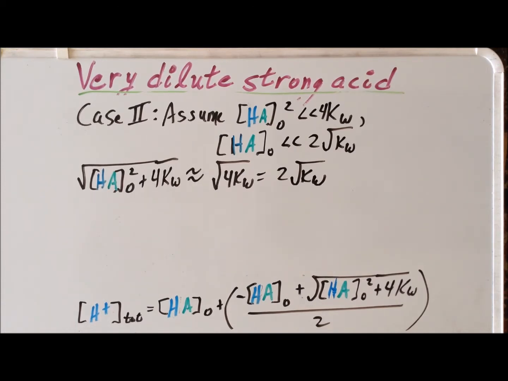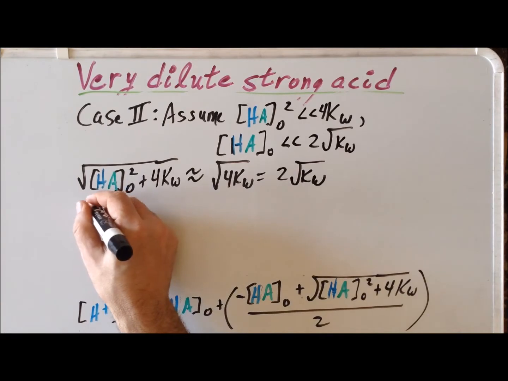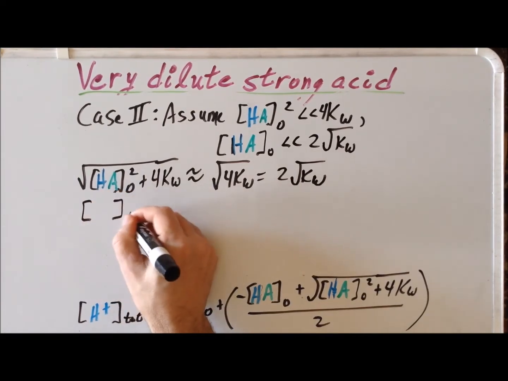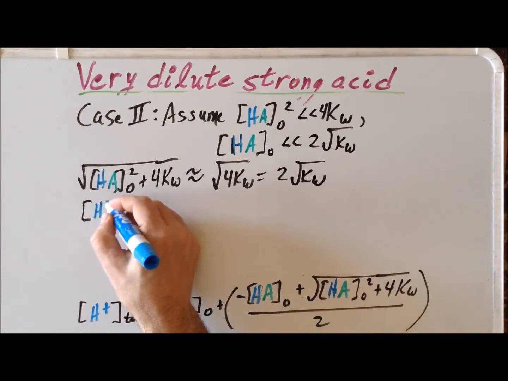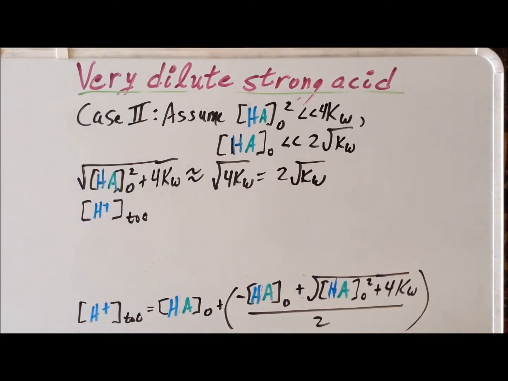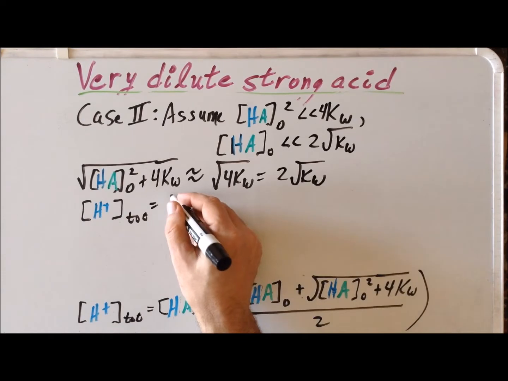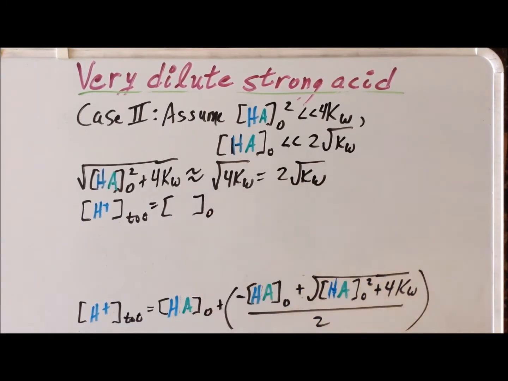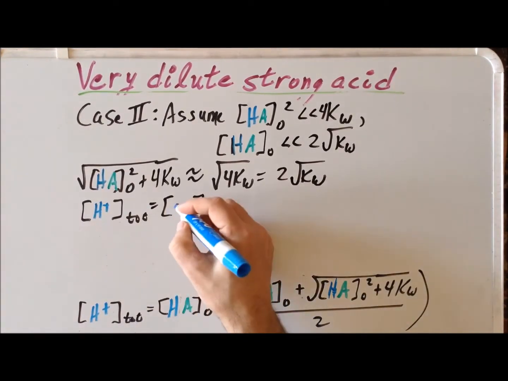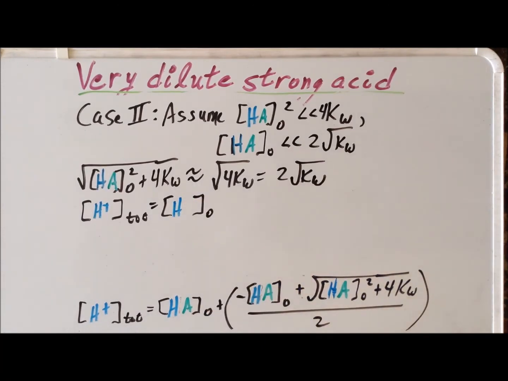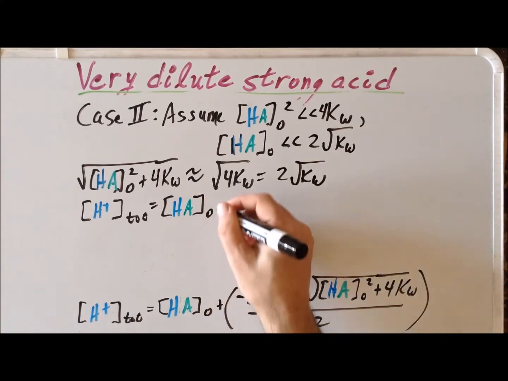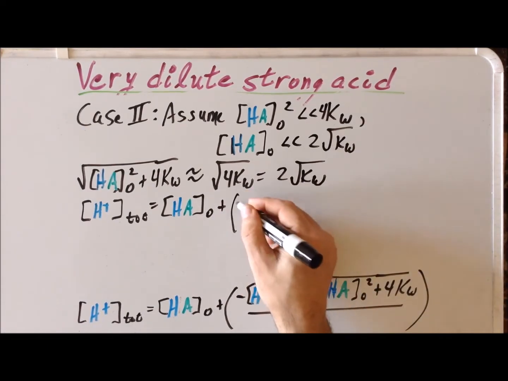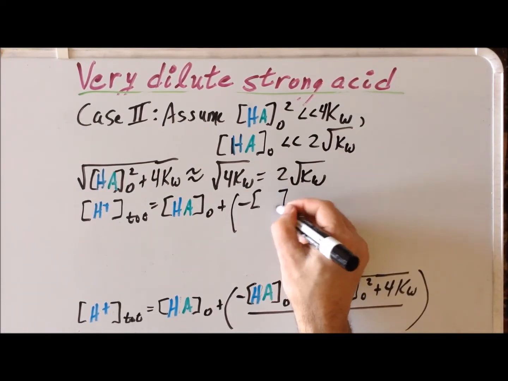So let's write out what this thing is going to be. By the assumption, we have that the total concentration of H plus is equal to the concentration of HA initially plus this expression here, we have minus the concentration of HA initially.